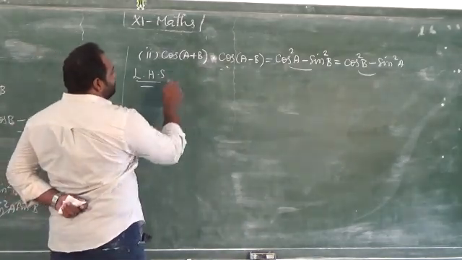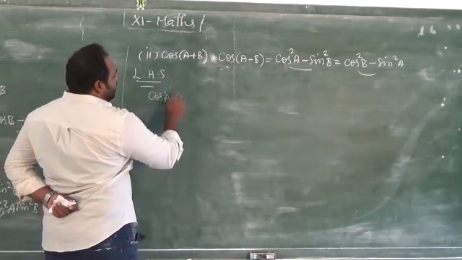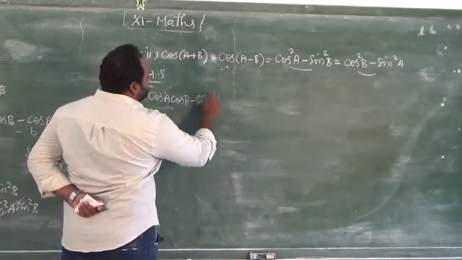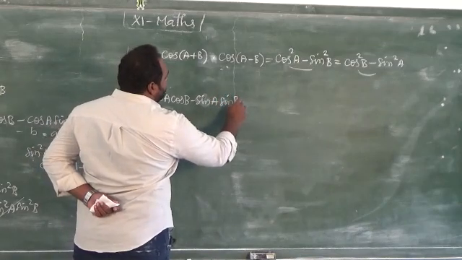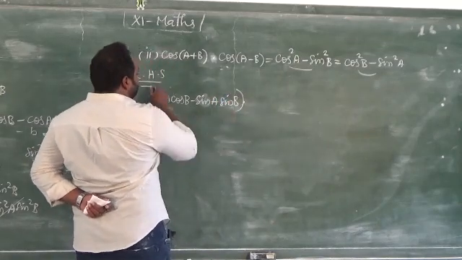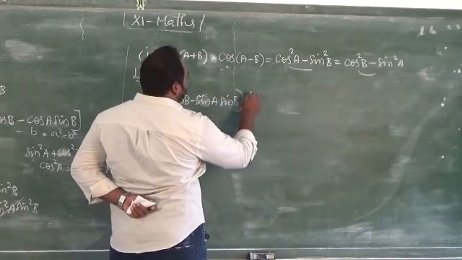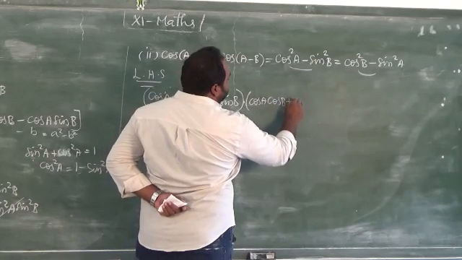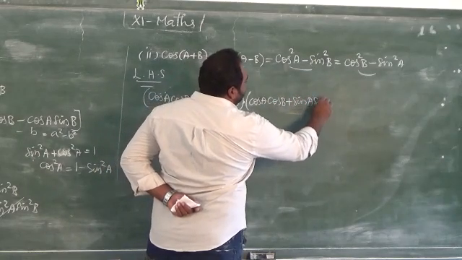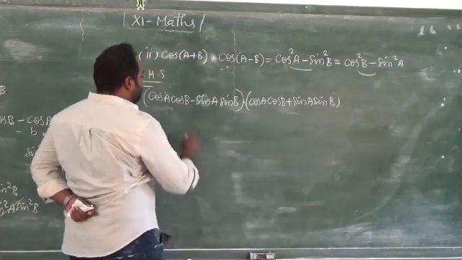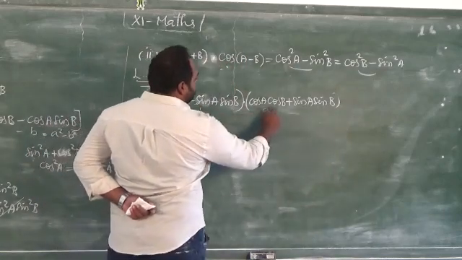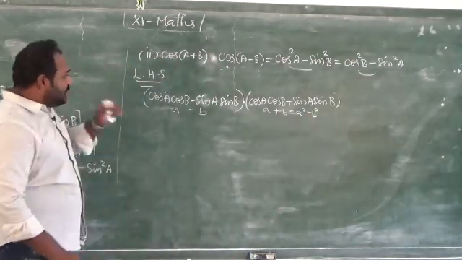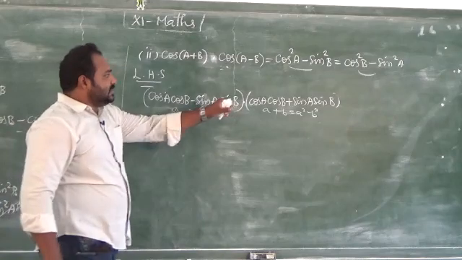So cos(a + b) formula is cos a cos b minus sin a sin b, into cos(a − b) formula, which is cos a cos b plus sin a sin b. So here we use the formula (a + b)(a − b) equal to a square minus b square, because cos a cos b is common and sin a sin b is common.